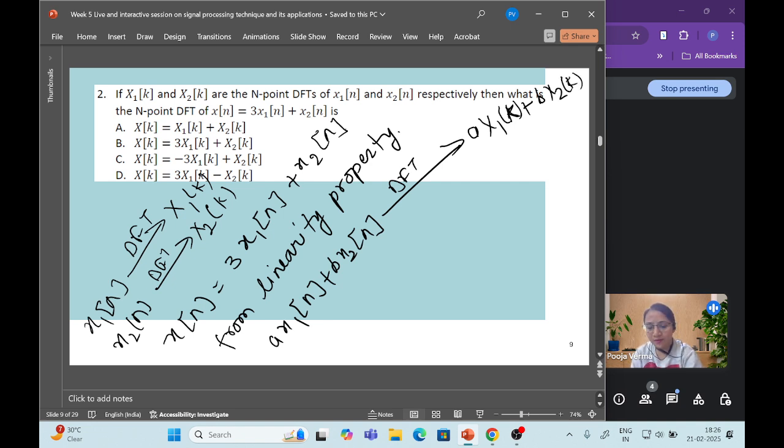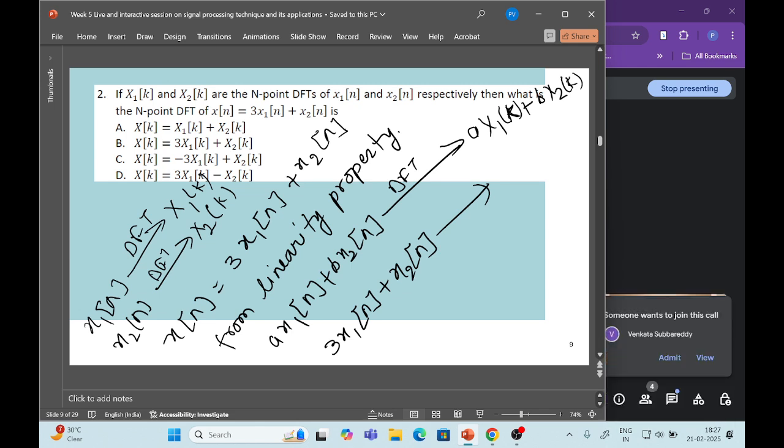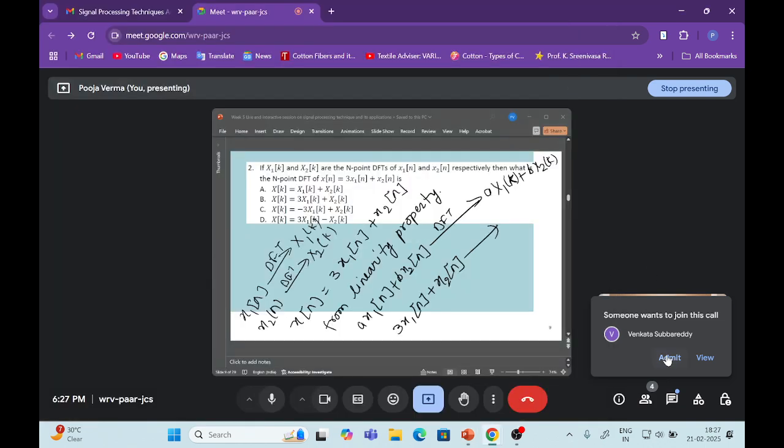Similarly, for 3 x1 of n plus x2 of n, we already know the DFTs of x1 of n and x2 of n, and the 3 is a constant or integer value.